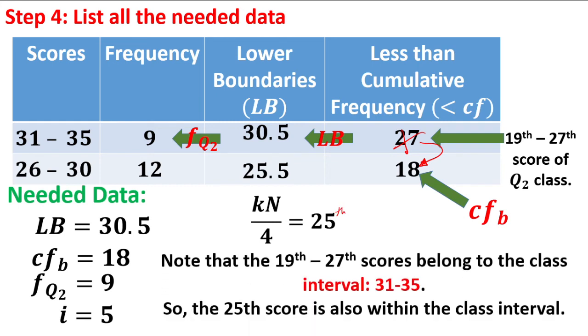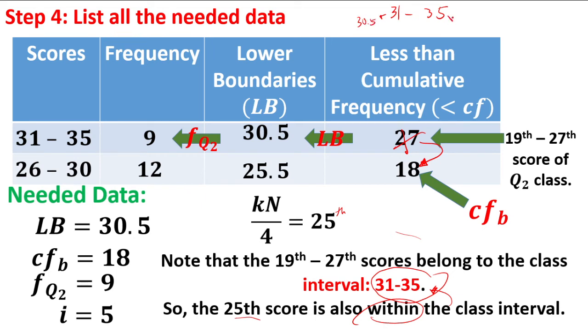Okay? Next, dun sa given data mo, ibig sabihin, sabi niya, since nasa 25th score ka, and 25th score belong to the class interval 31 to 35, that means the 25th score is also within the class interval 31 to 35. So, kapag nag-solve ka ng second quartile, 31 to 35 ang class interval dapat. And the lower limit of this is 30.5.